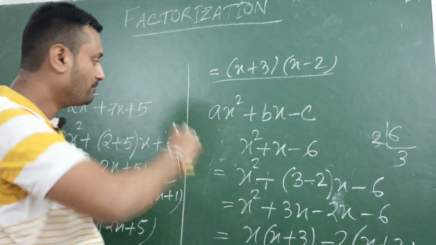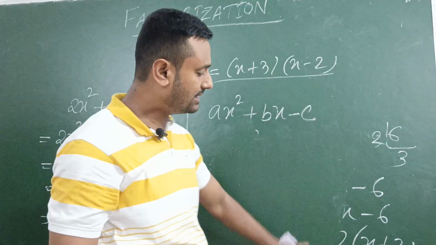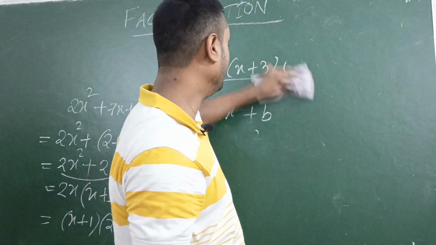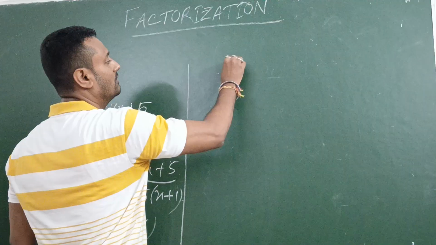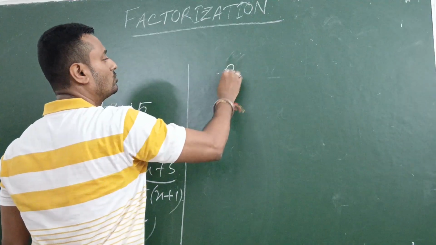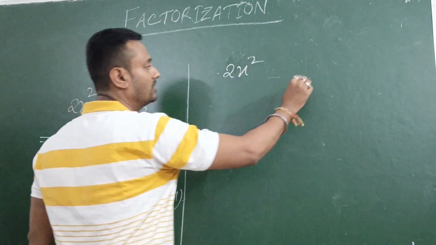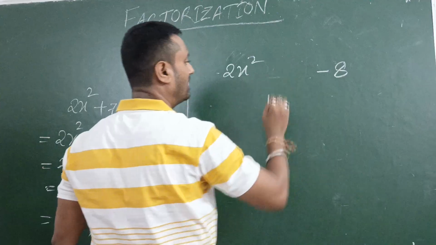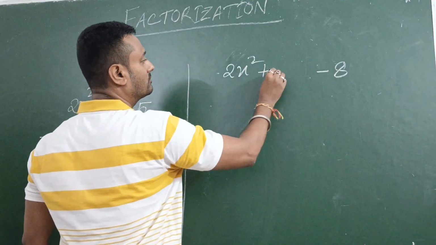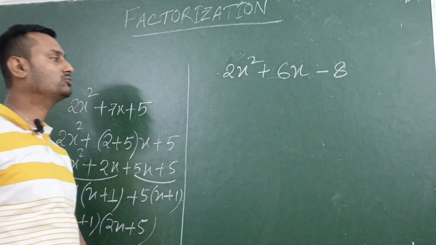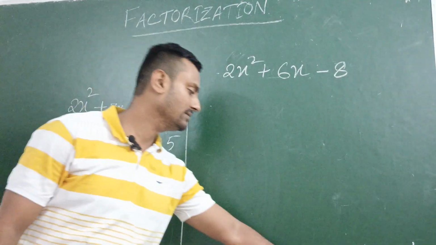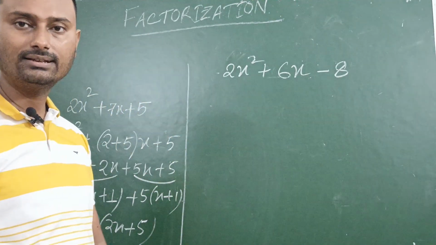Okay. So again, another example you can take when c is negative. Suppose 2x square plus 6x minus 8.